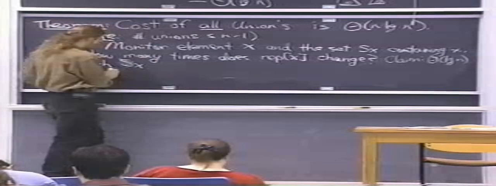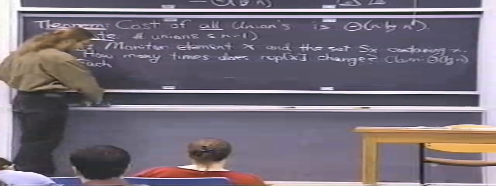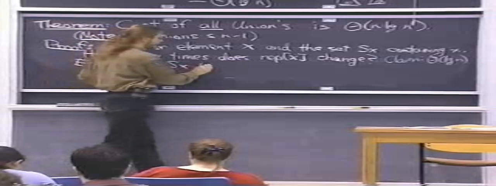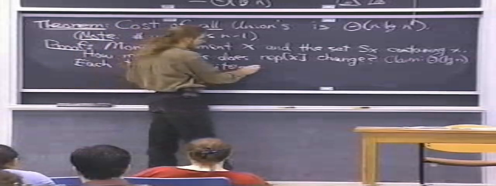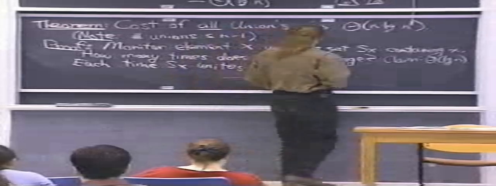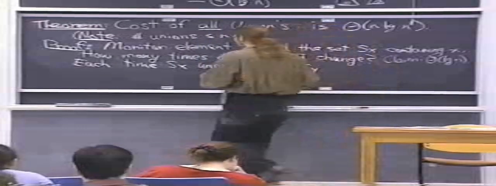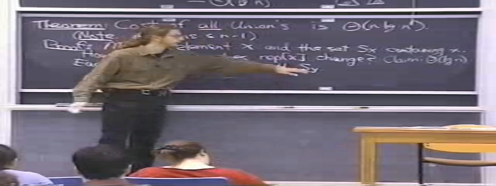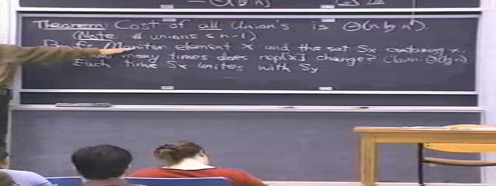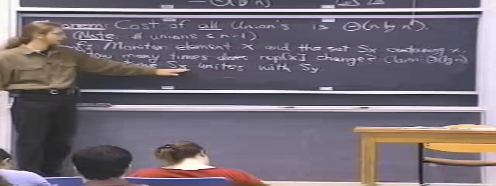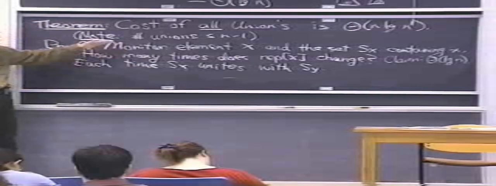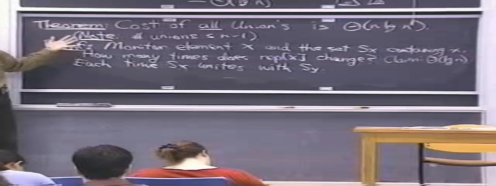So each time Sx unites with another set, let's say Sy, then we're making progress because only Sx or Sy has its rep pointers changed. Now here I just care about x, so I just care about when the pointers in Sx change. That's the simplifying point of view, if you will, from the proof.